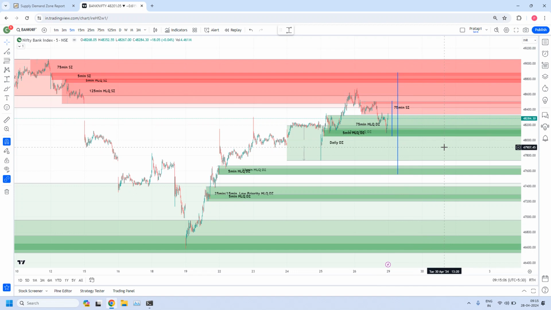This will be the next range. For your coming week, Bank Nifty may move initially within this range. If one of these levels is broken, Bank Nifty may move within this range. This is how you can understand it. So based on that, you need to plan your trades.